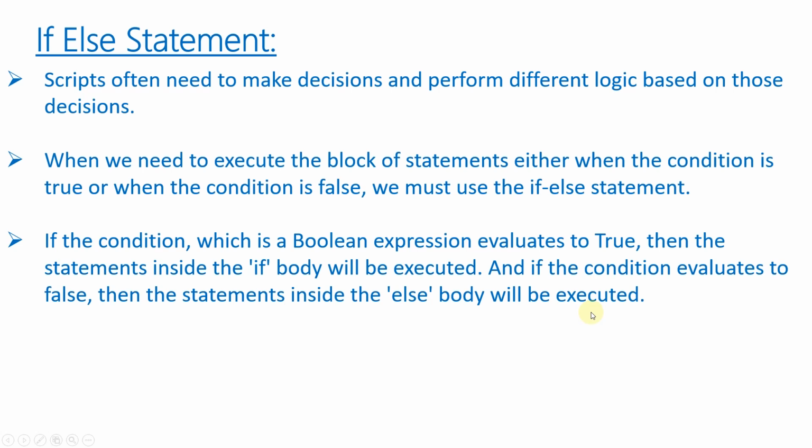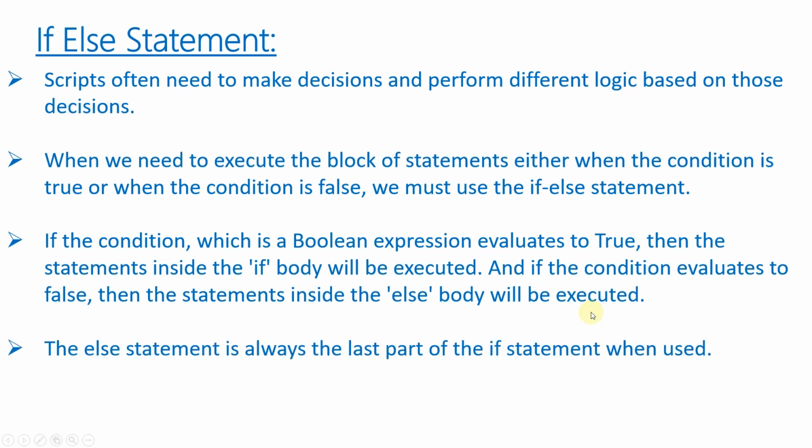So this is how the if-else statement gets executed. And we should always keep in mind that the else statement will be last in the if-else expression. First the if statement will be there, after that else if, and at last the else statement. This is the sequence we should follow while writing the if-else statement.